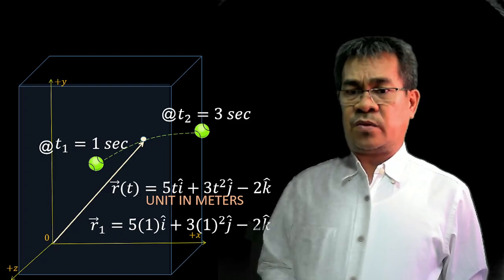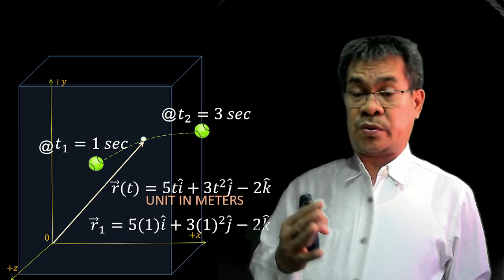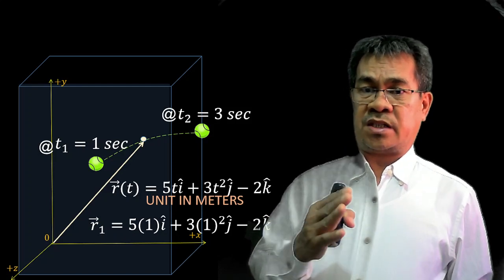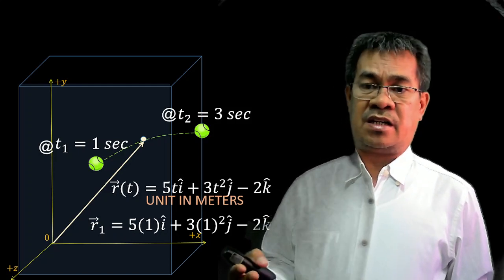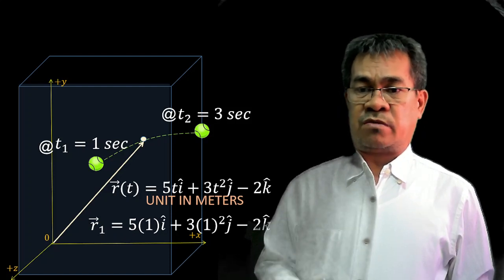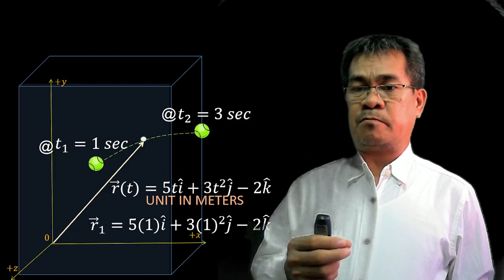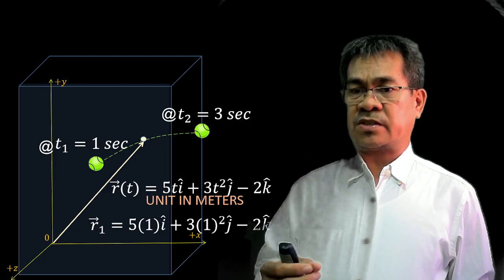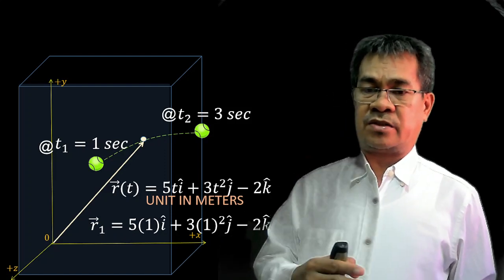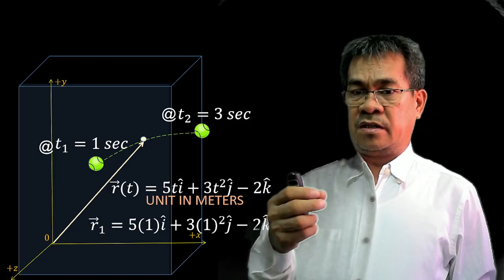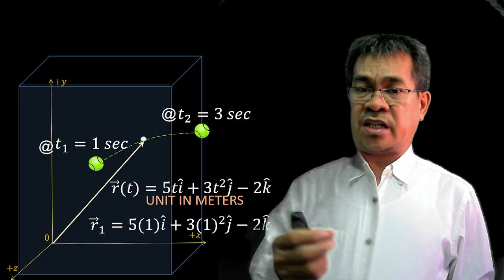Okay, meaning with that we can always find the position because we are given 1 second for the initial and 3 seconds for the final position of the particle. So we can always provide the initial position vector and the final position vector. Why? Because we have the position at any time.